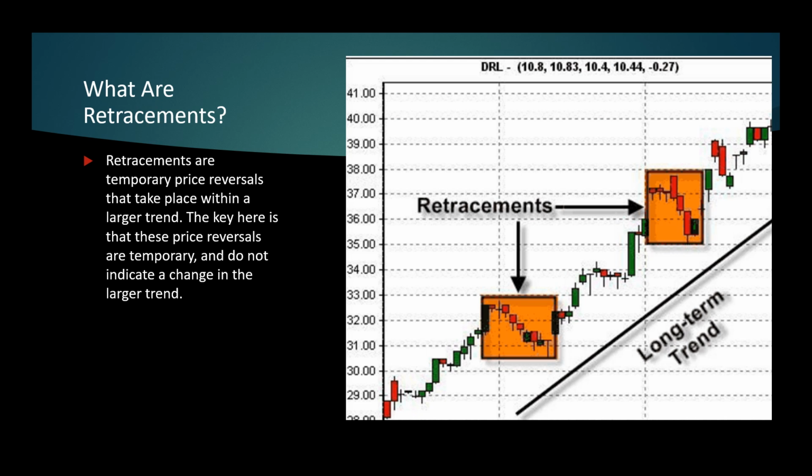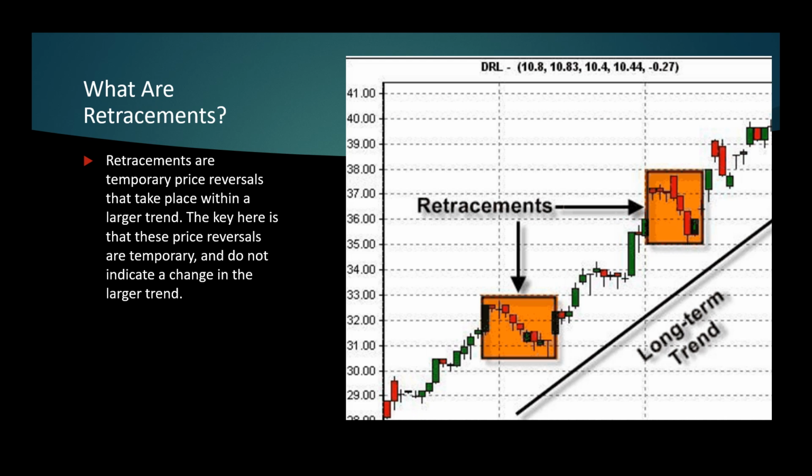Now, retracements are temporary price reversals that take place within a longer term trend. The key here is that the price reversals are temporary and do not indicate a change in the larger pattern. So when price is moving up or down, depending on what's happening, and then reverses, and then continues back up, that is a retracement.